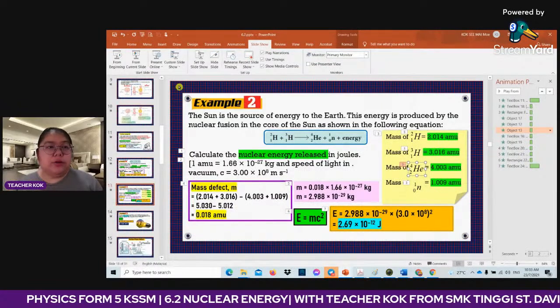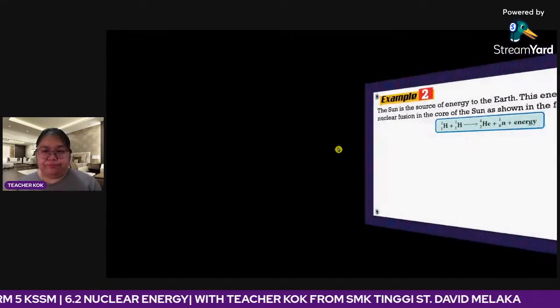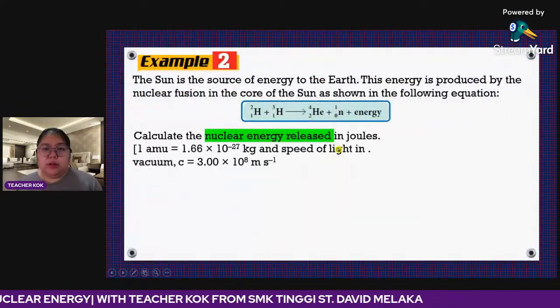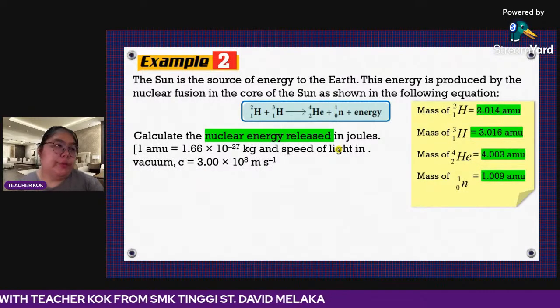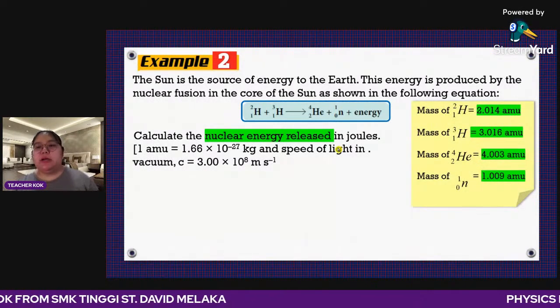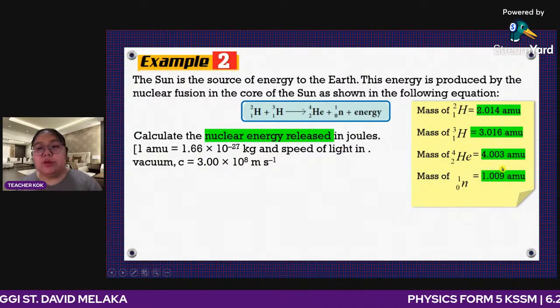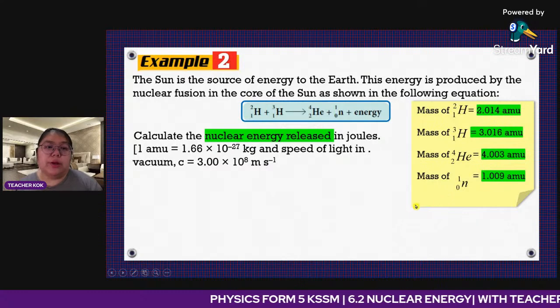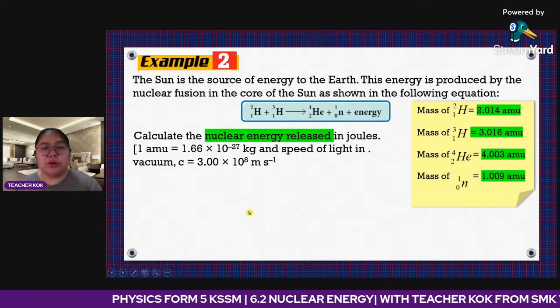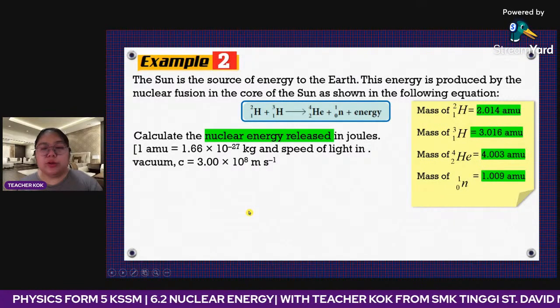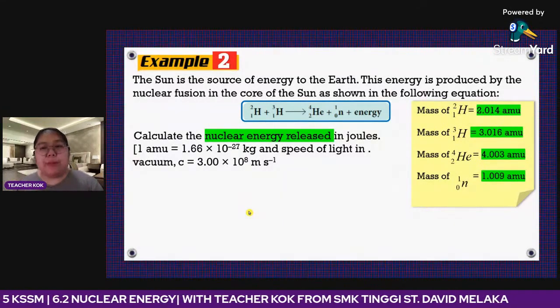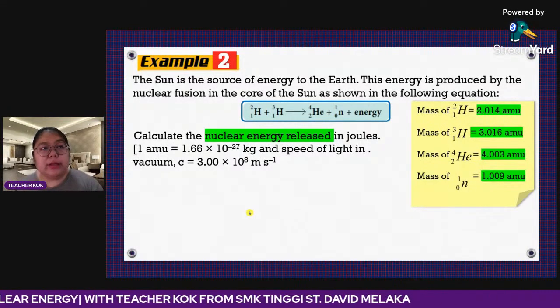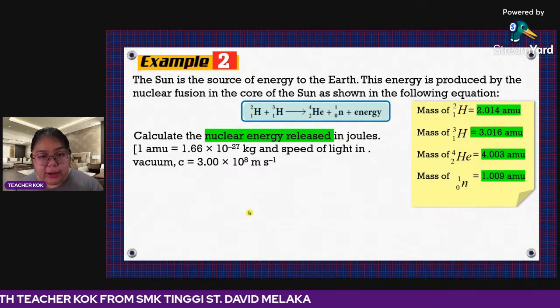Okay, I'll show it back. Here, there's a helium, 4.003 AMU. Then you've got one neutron. Now I want the same procedure. Give me the AMU first, the AMU for the mass defect.